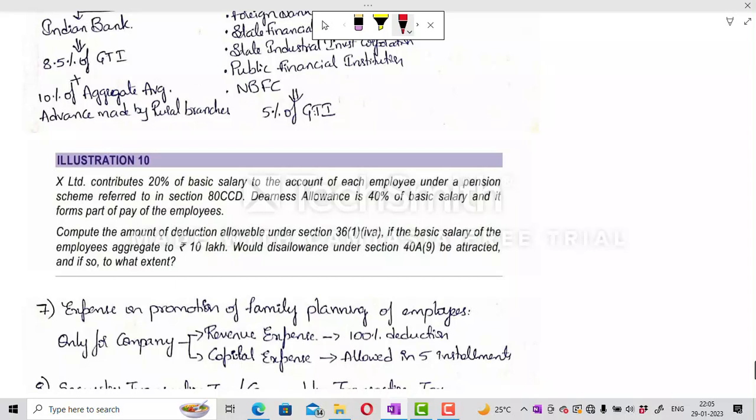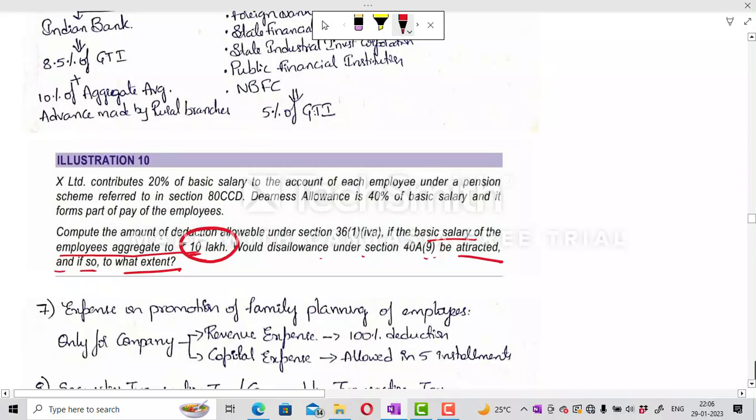Compute the amount of deduction available under section 36(1)(iva) if basic salary of employees aggregates to 10 lakhs. Would disallowance under section 40A(9) be attracted, and if so, to what extent?